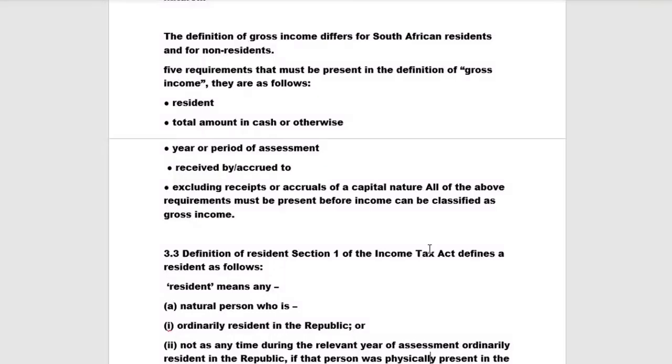All of the above requirements must be present before the income can be classified as gross income, meaning that should one be missing, it doesn't meet the definition of gross income.